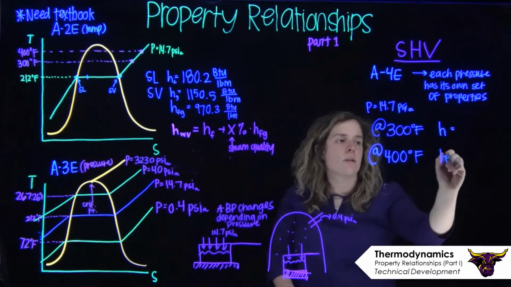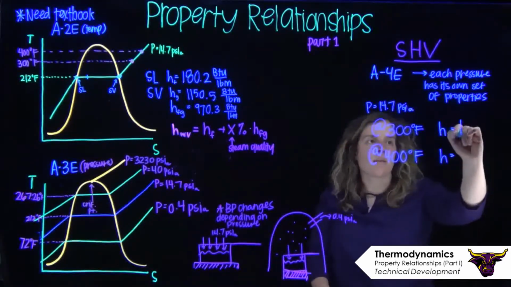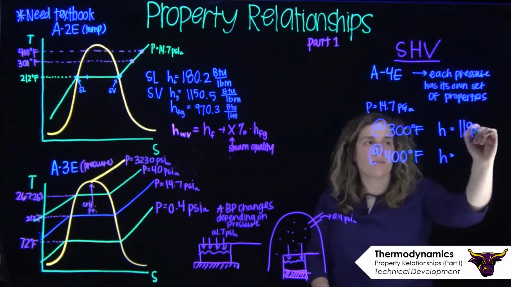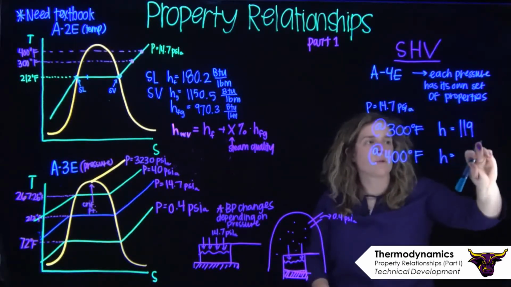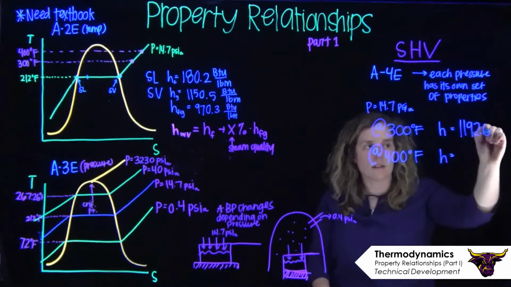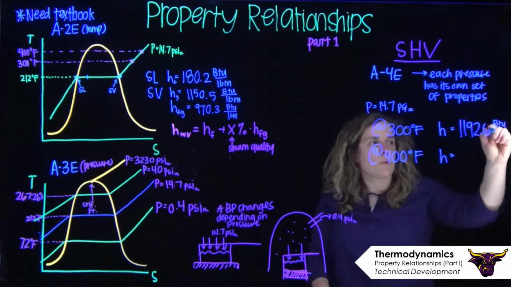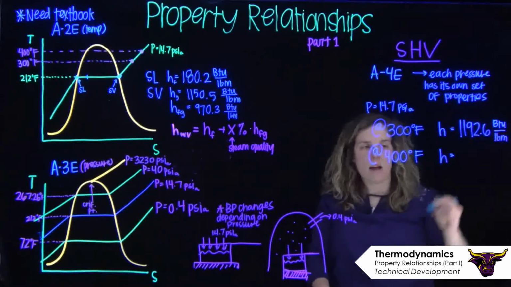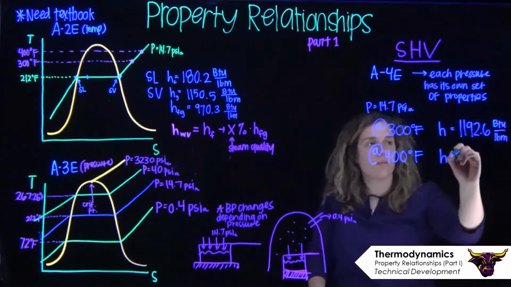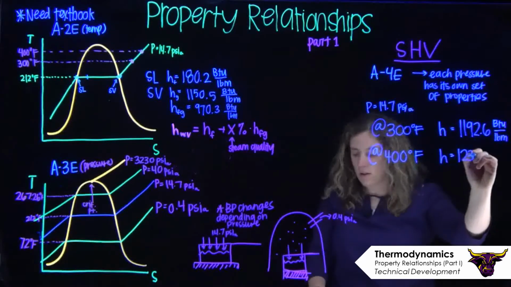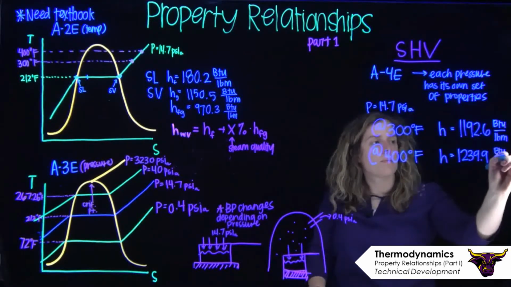So find our two enthalpies here. All right, so when I look at that table, I get an enthalpy of 1192, it's almost 93, 92.6, and that's still going to be in BTUs per pound mass. And the enthalpy for 400 is going to be 1239.9 BTU per pound mass.